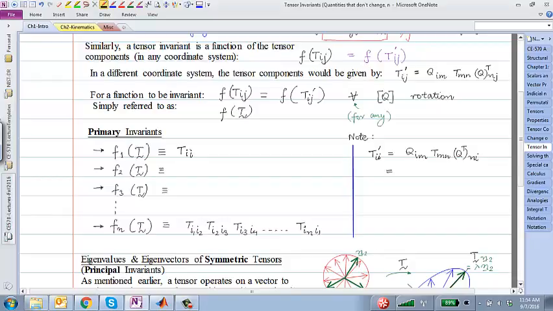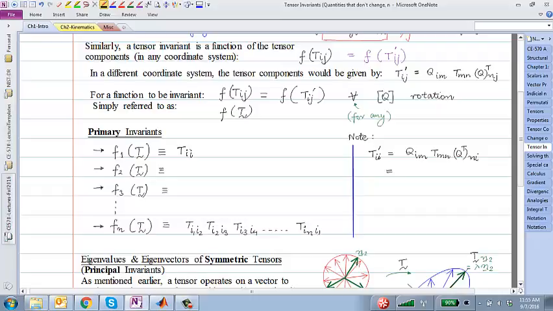So if I give you a tensor with its 9 components, what does Tii mean? Sum of the diagonals, right? Why? Because i is repeated, so it means T11 plus T22 plus T33. So you give me any tensor, if I take the sum of the diagonals in one coordinate system and take the same tensor, convert it to a different coordinate system, I'll get T11 prime plus T22 prime plus T33 prime.